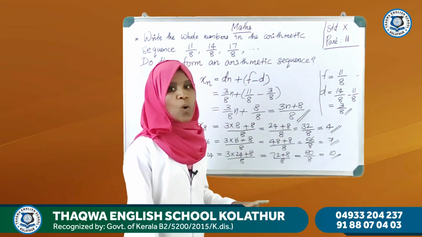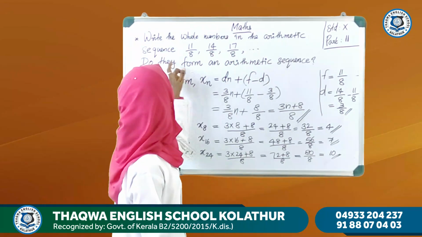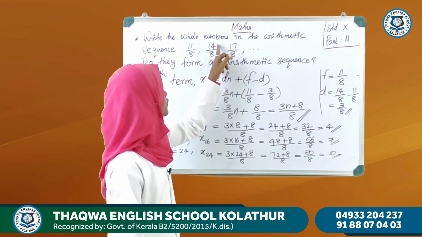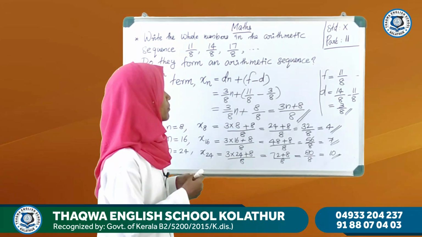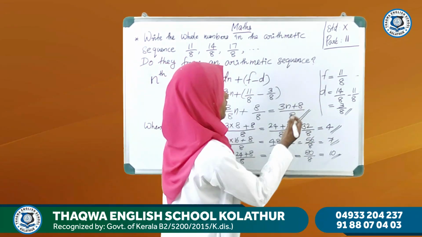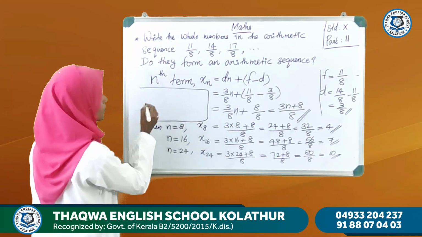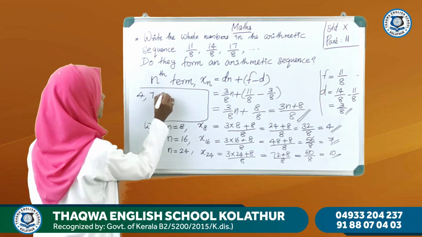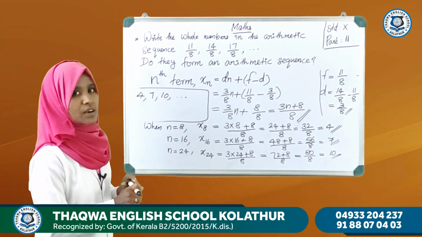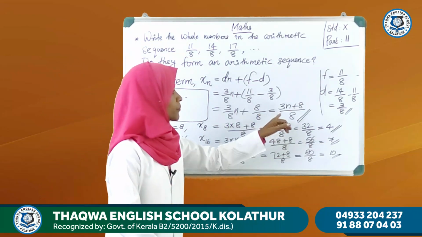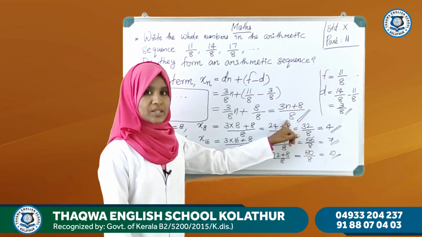Then the question: write the whole numbers in the arithmetic sequence 11 by 8, 14 by 8, 17 by 8, etc. So, what are the whole numbers? 4, 7, 10, etc. are the whole numbers. Our nth term is 3n plus 8 by 8.